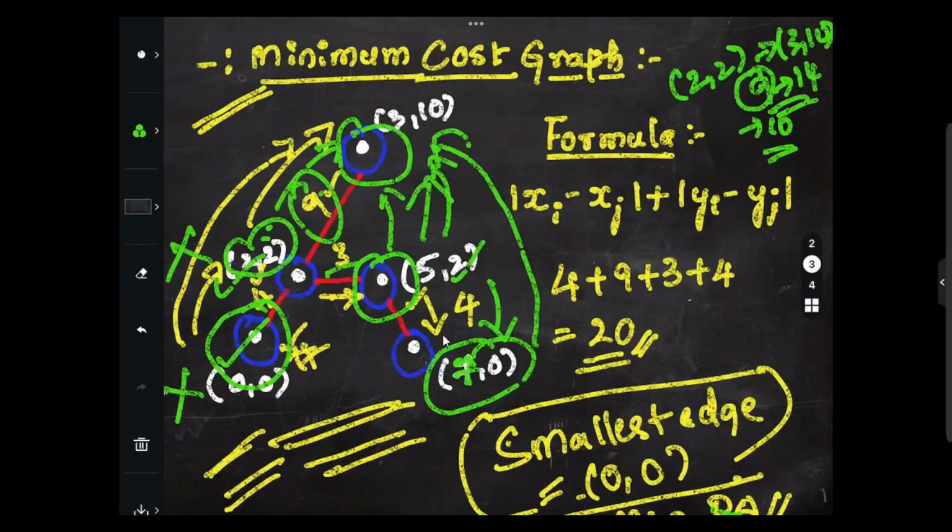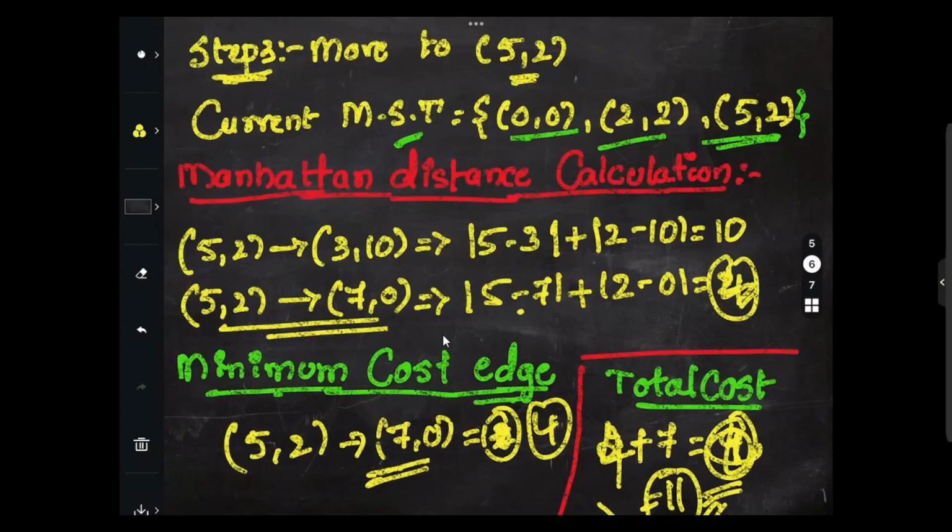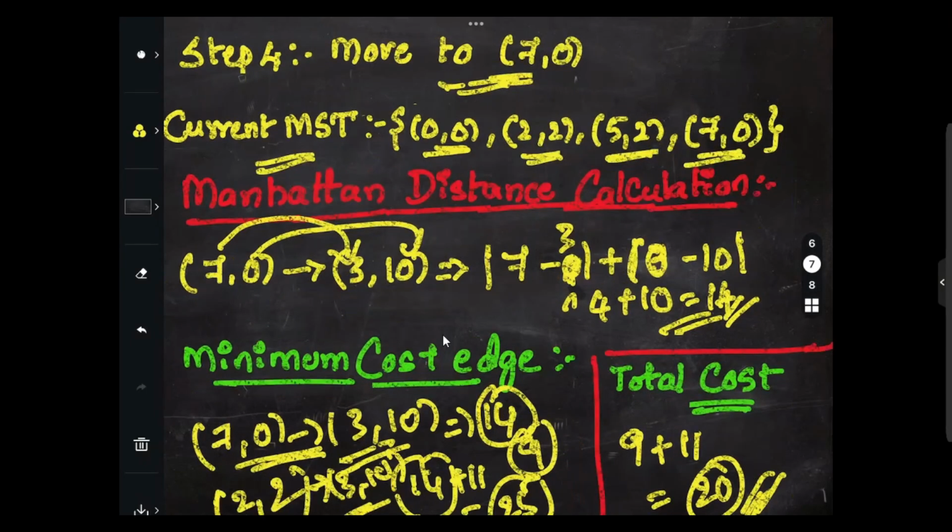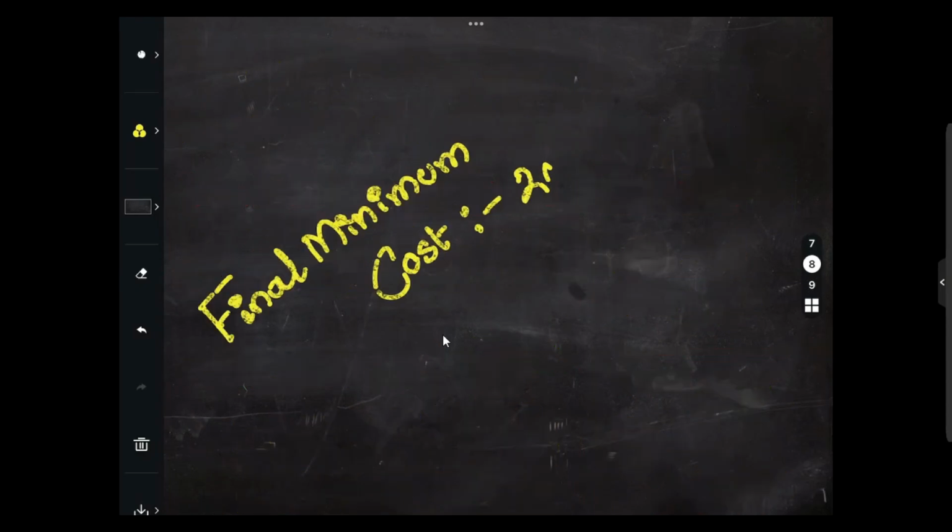Instead, we will be considering the least cost to 3,10, because we already have the values 9, 14 and 10 from 2,2, 5,2 and 7,0. We will be considering the least value from them. So 9 plus 11 will be 20. The final minimum cost that we got here is 20, according to Prim's algorithm.